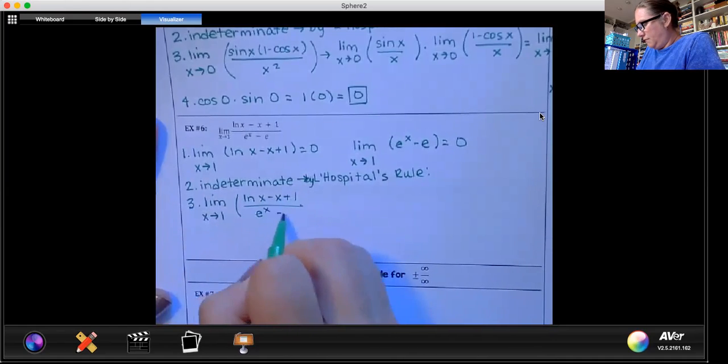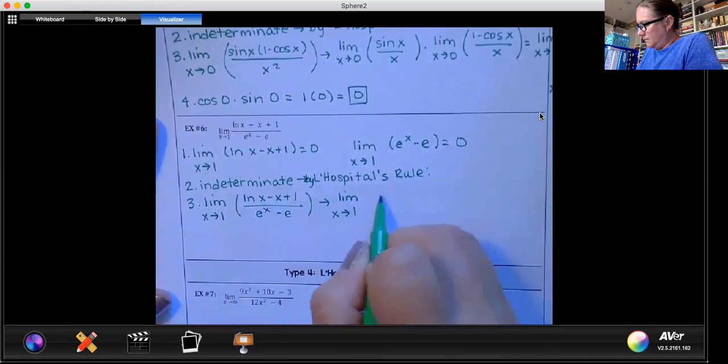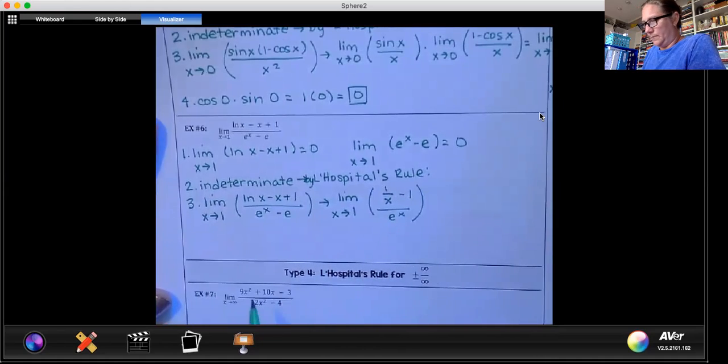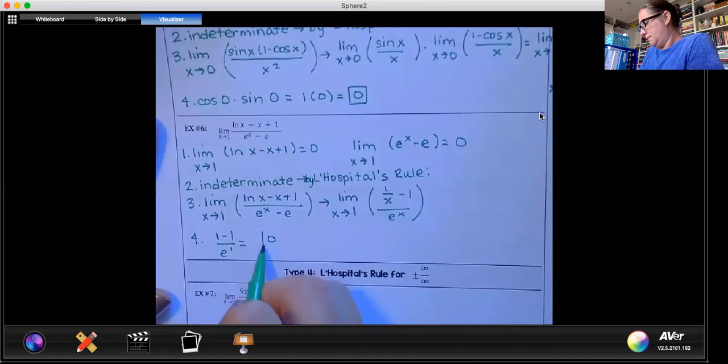We don't know what f of x is in these problems. Find your derivative. Ln x becomes 1 over x minus 1 over e to the x. Plugging in 1 over 1 minus 1 over e to the 1 is 0.